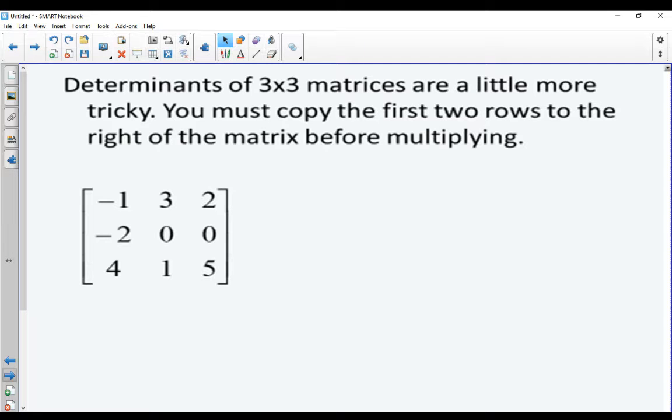Now to find the determinant of 3x3s. Now, there's actually 6 diagonals that we need to compute here. To find these 6 diagonals, this is what you're going to have to do. I'm going to erase that. I'm going to put that over to the side.